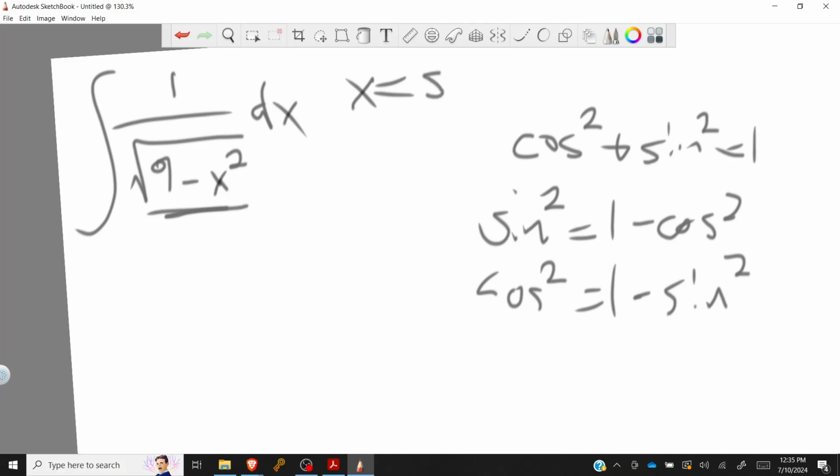So for this one, I'm going to do sine. And I'm going to recognize that this coefficient in front is a 9. So I'm going to make this a 3 because it's going to be squared, and 3 squared is equal to 9. So let's do 3 sine of theta, and then take the derivative of that, which is going to be 3 cosine theta d theta.